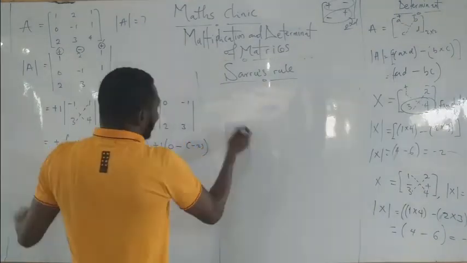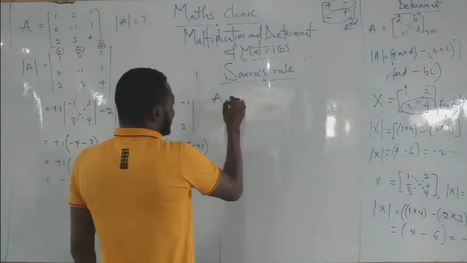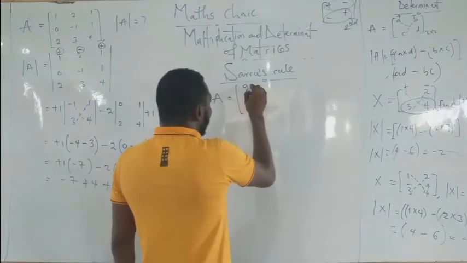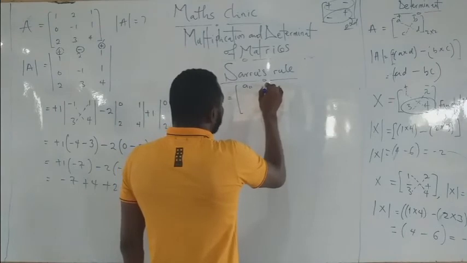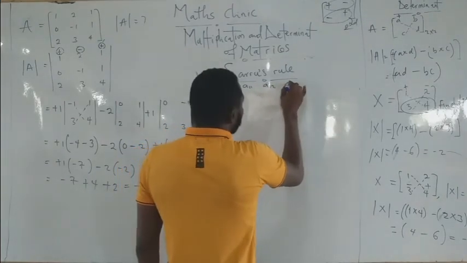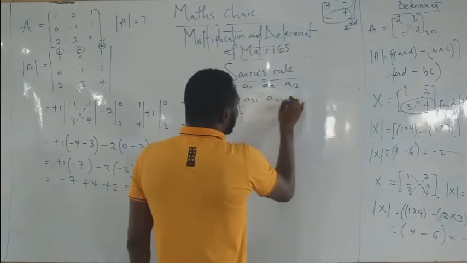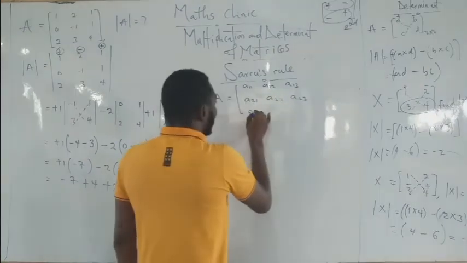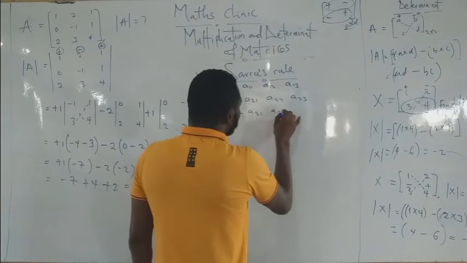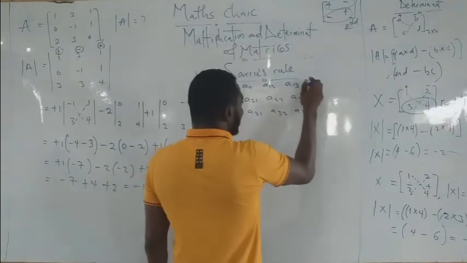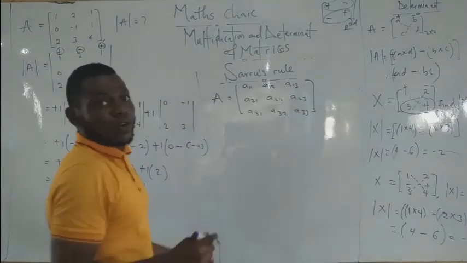Let's say for instance that we have matrix A equals A11, A12, A13, A21, A22, A23, A31, A32, A33. And we want to find the determinant of this matrix.